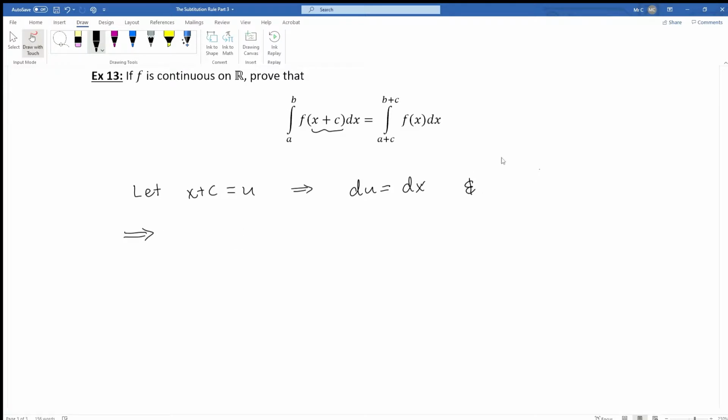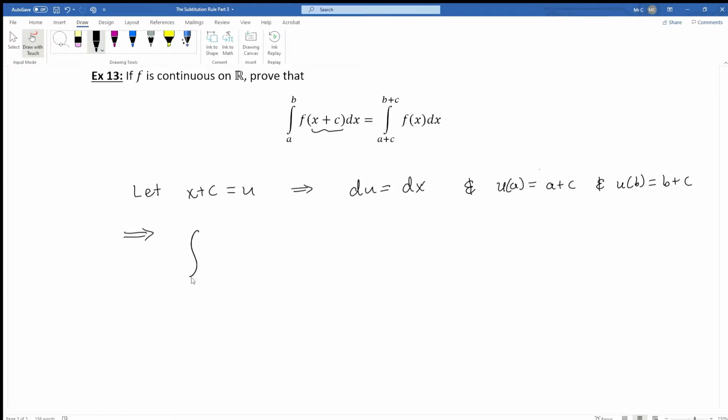And u evaluated at a is just a plus c. And u evaluated at b is just b plus c, right? We're just plugging b into our function for u.